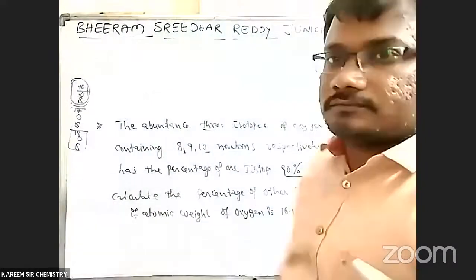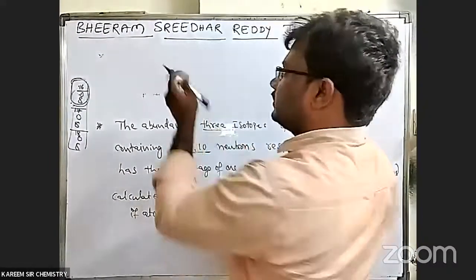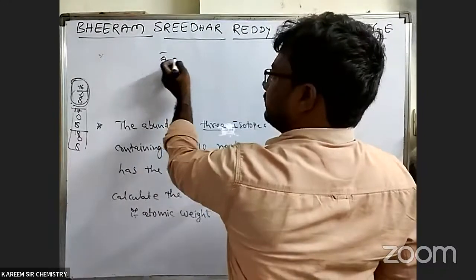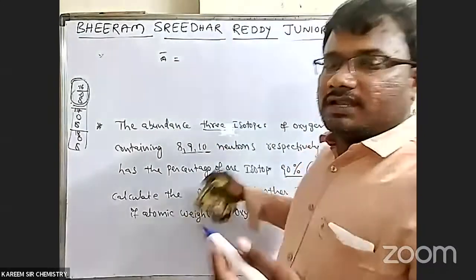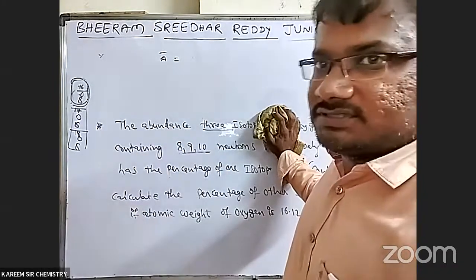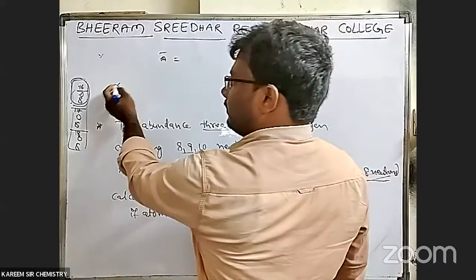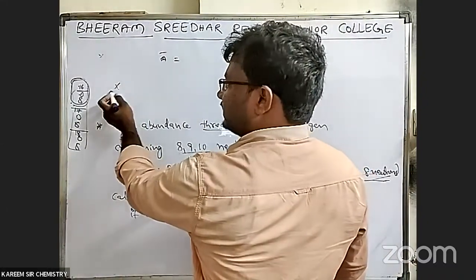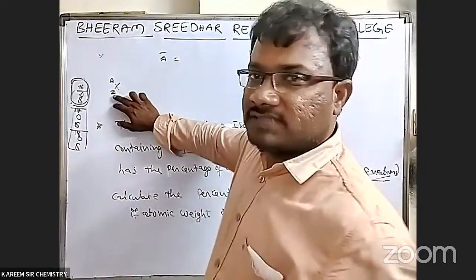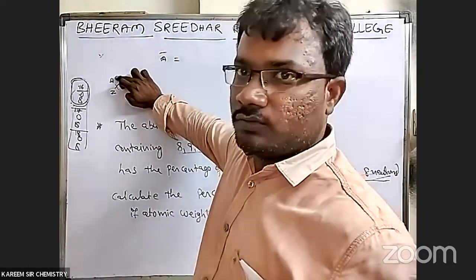Right, see here. Average atomic mass: generally every element has its own isotopes. You know isotopes very well. Same atomic number, element with Z atomic number, A mass. Atomic number means the number of protons, and mass number is the number of protons plus neutrons.